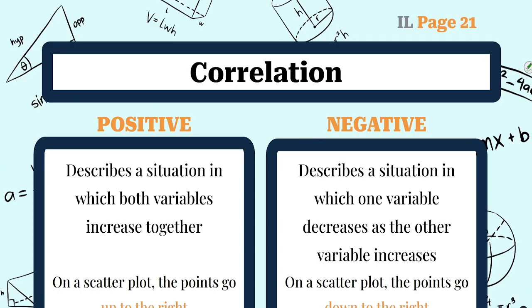Now, a negative correlation describes a situation in which one variable decreases as the other variable increases. So sometimes this is as age of a vehicle increases, the value of the vehicle decreases. That would be a negative correlation. On a scatter plot, it looks as if the points are going down and to the right.